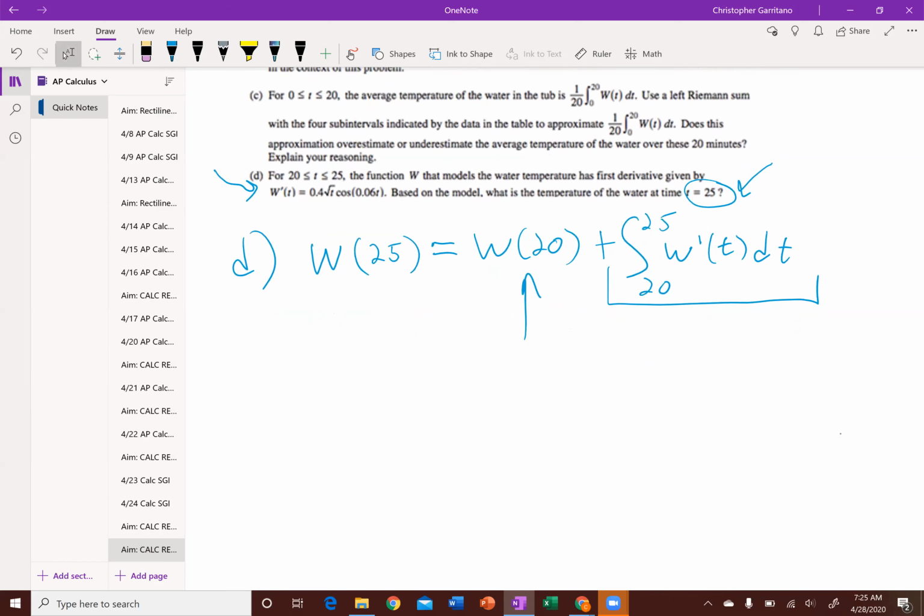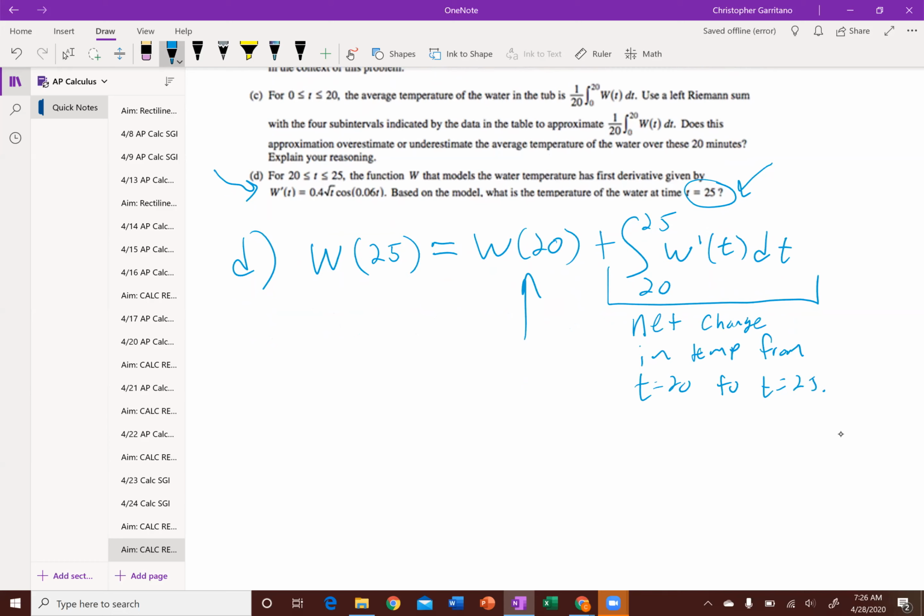Once again, this integral represents the net change in temp from t equals 20 to t equals 25.